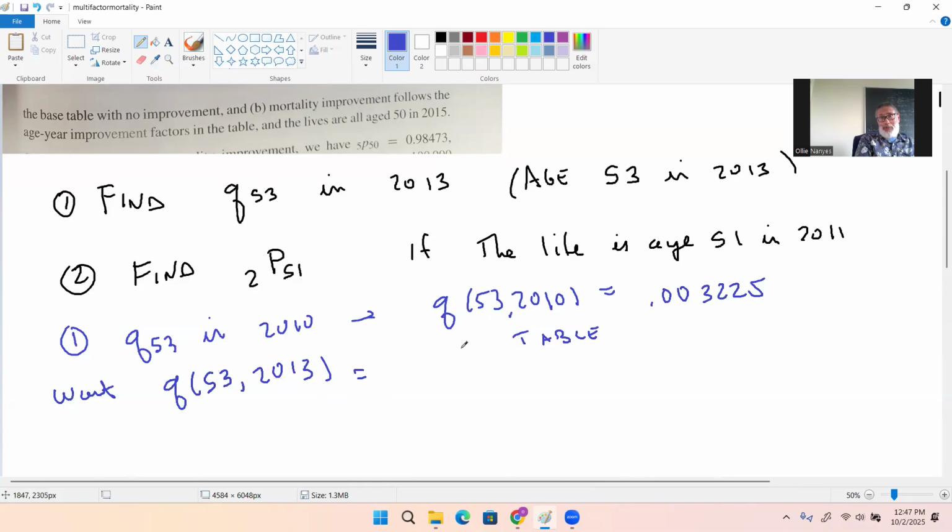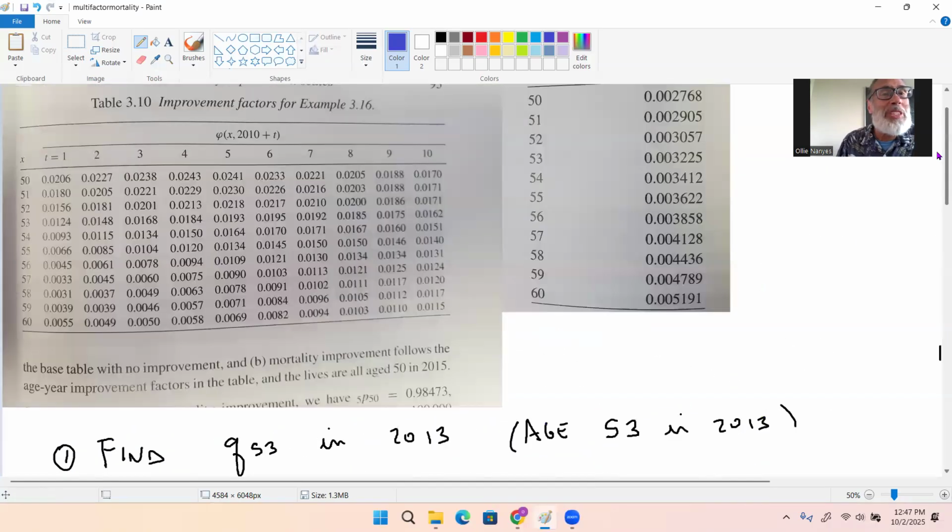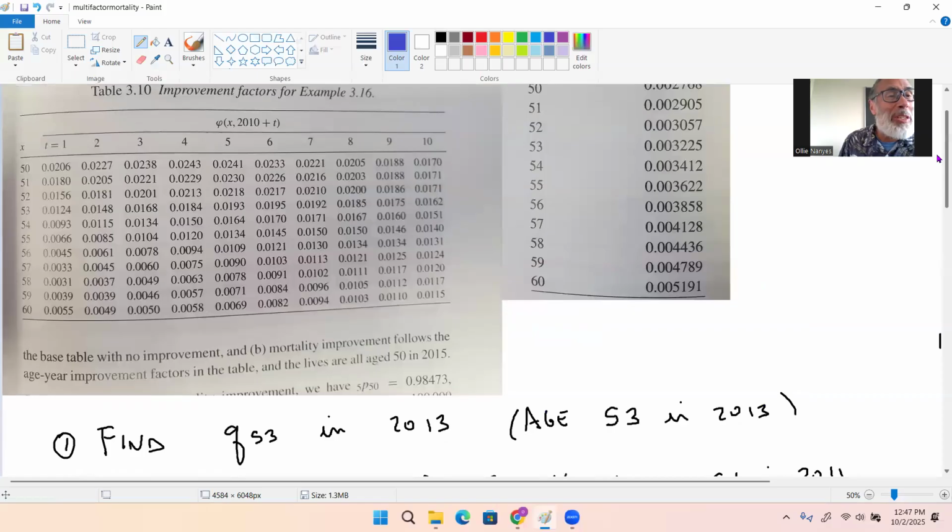So we have to multiply it by the respective mortality improvement factors. What we want is the age 53 and the mortality improvement factors for 2011, 2012, and 2013.